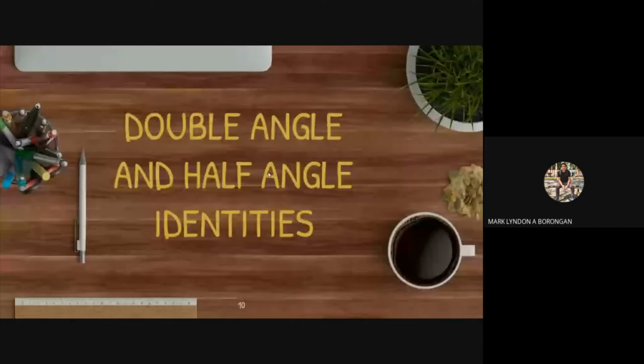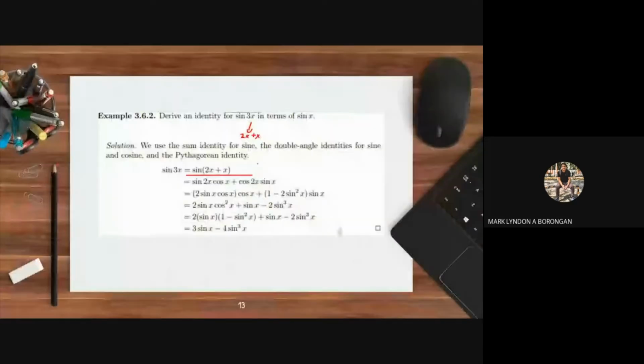Now, if we are to write this identity kani, di ba sa formula nato gi-write man di adto nga ato ang sine of A plus B. Wait lang ako siya i-write sa dako nga board.